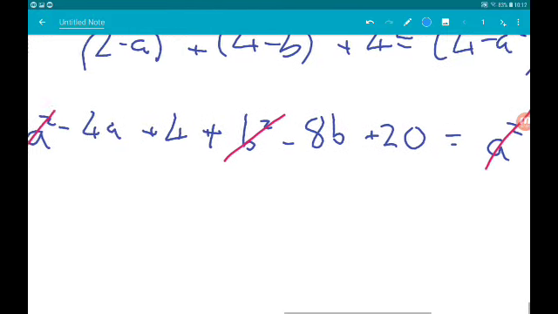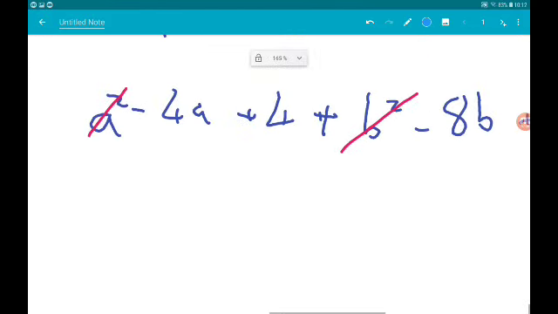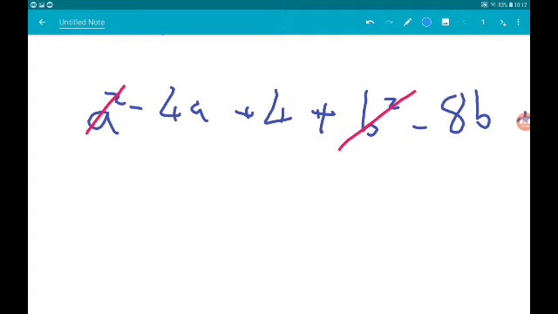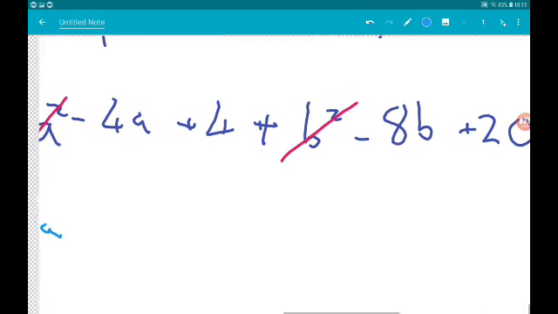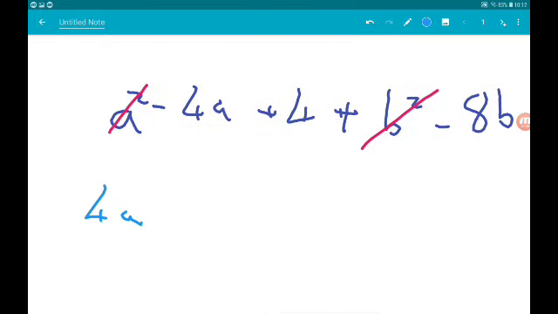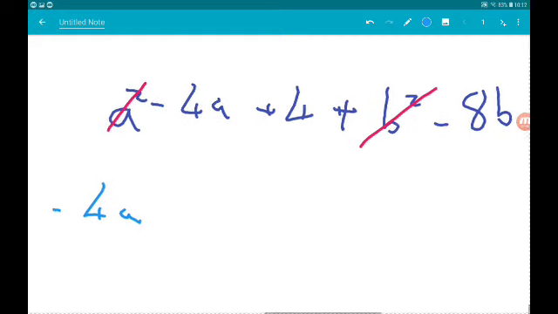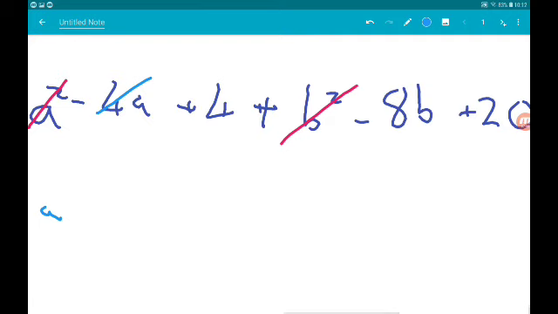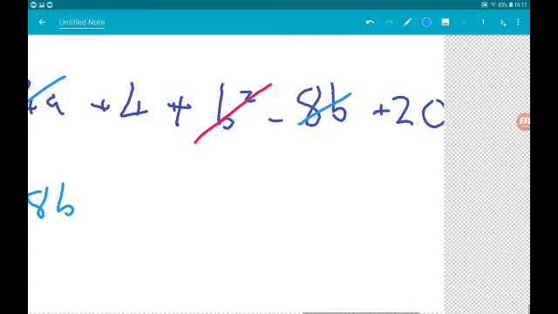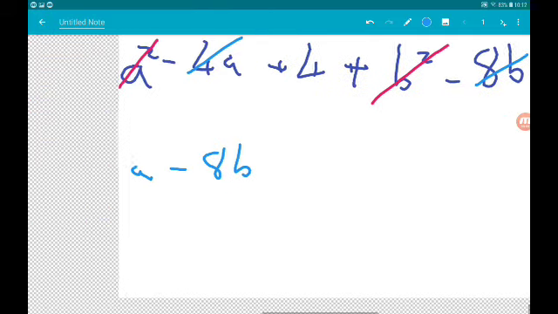So on the left, we've got minus 4a, we got minus 8b, then we got 4 add 20.